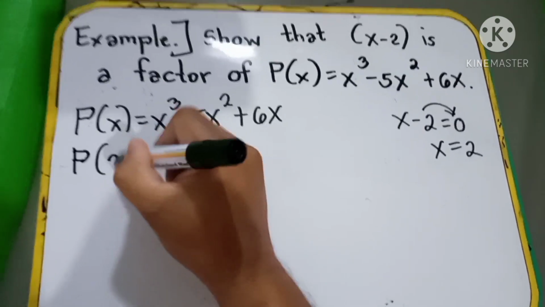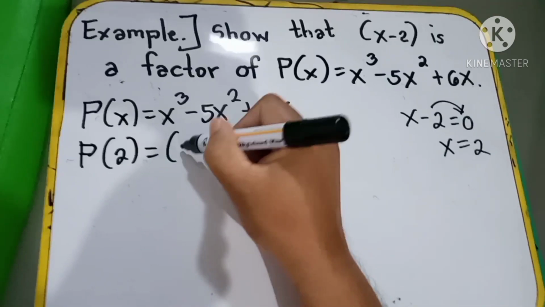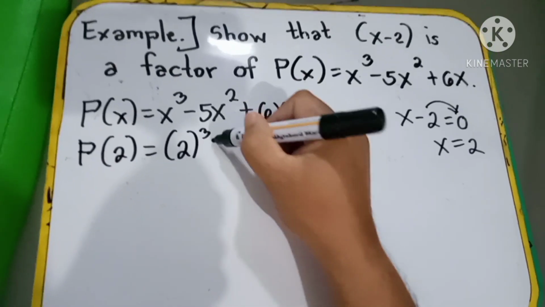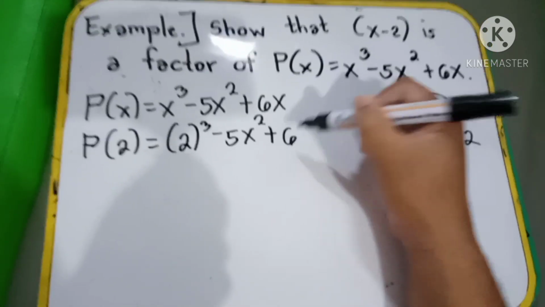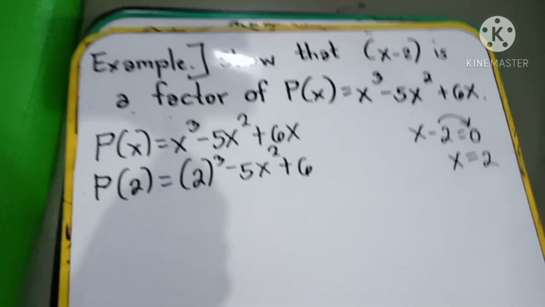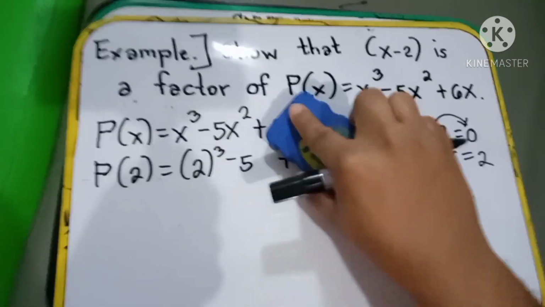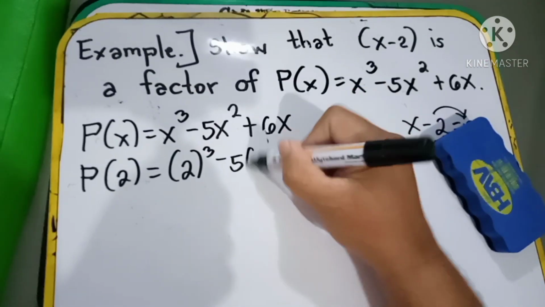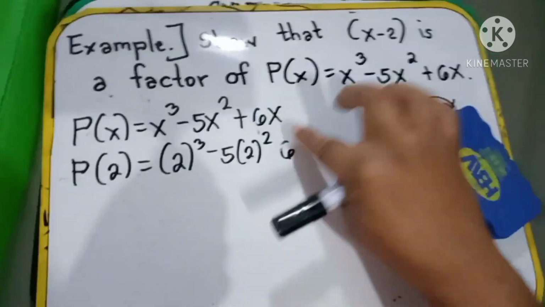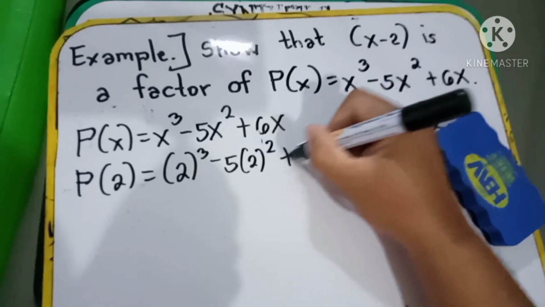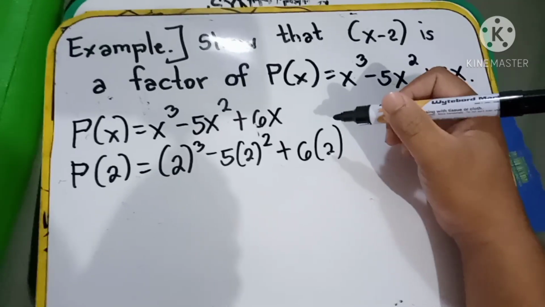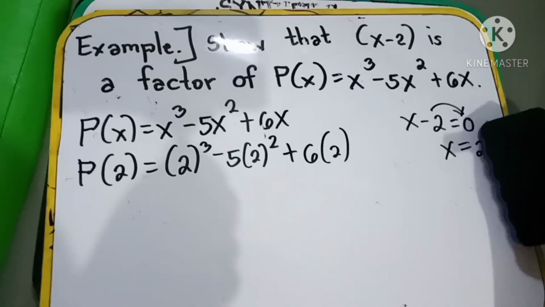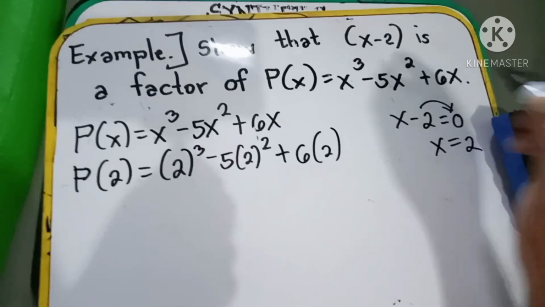We have p of 2 is equal to 2 cubed minus 5 times 2 squared plus 6 times 2. The next step is we're going to simplify.